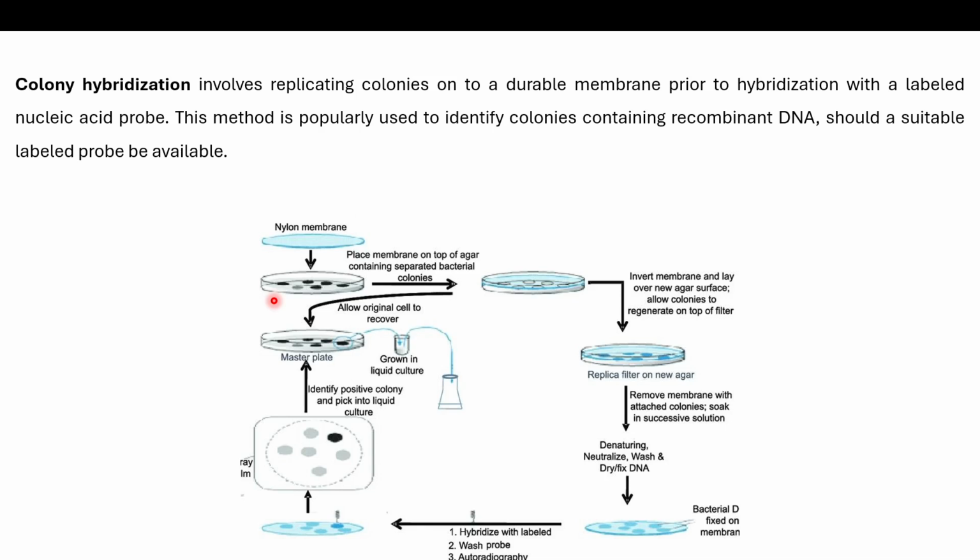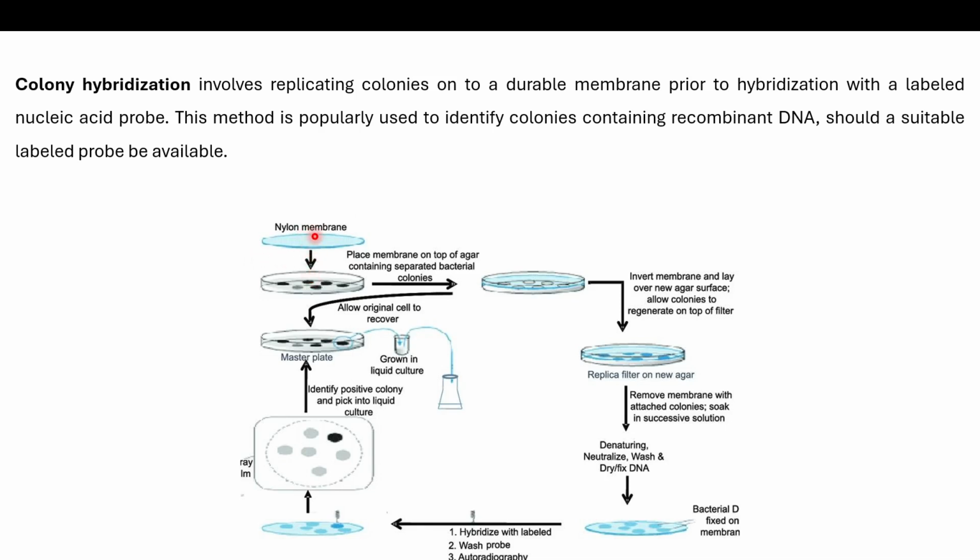There should be distinct colonies visible, a decent number of colonies distinct from one another. If the nylon membrane is too crowded, overlapping colonies won't make any sense, because this would give false positives or false negatives.